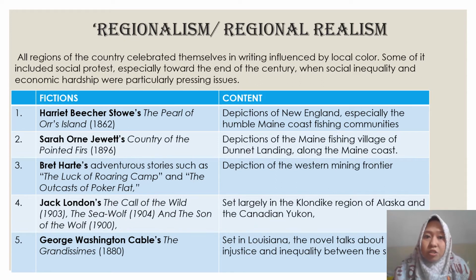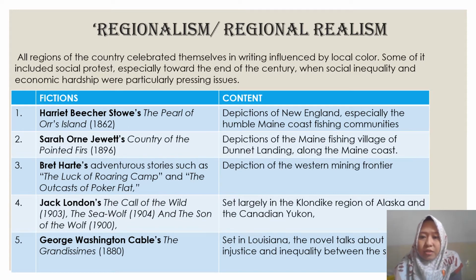All regions of the country celebrated themselves in writing influenced by local color. Some of it included social protests. So one of the themes is social protest, especially toward the end of the century when social inequality and economic hardship were particularly pressing issues. Let me tell you some examples of novels written by Harriet Beecher Stowe, Sarah Orne Jewett, Bret Harte, Jack London, and George Washington Cable.